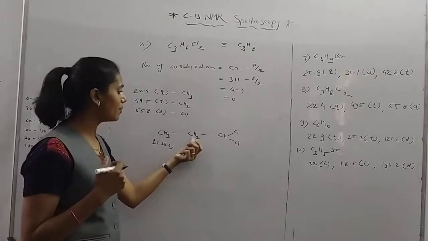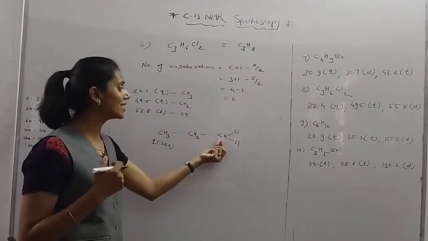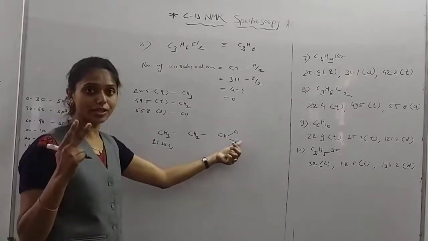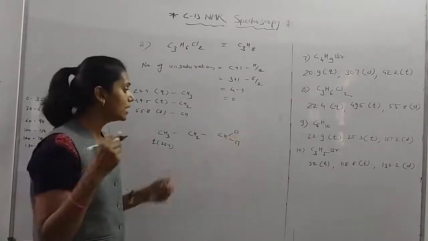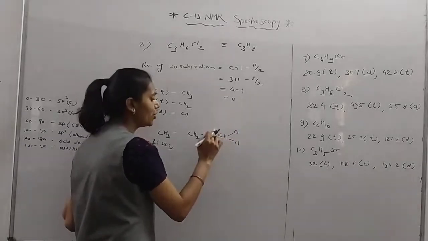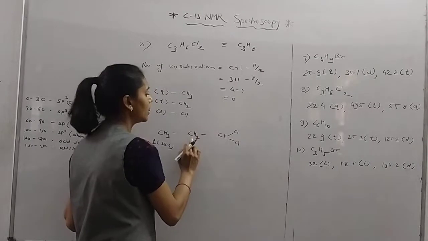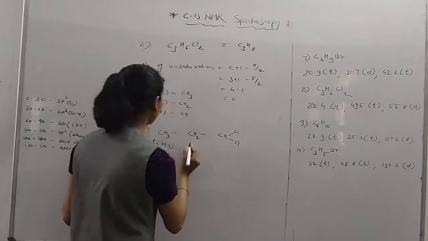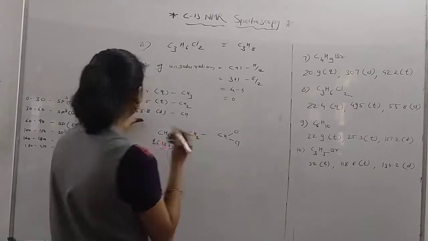Why has this happened here? Due to this adjacent carbon. Here this adjacent carbon is attached to 2 electronegative groups. The effect of these 2 electronegative groups is on this carbon atom, and due to this, the CH2 group goes into the downfield direction, so its value increases.